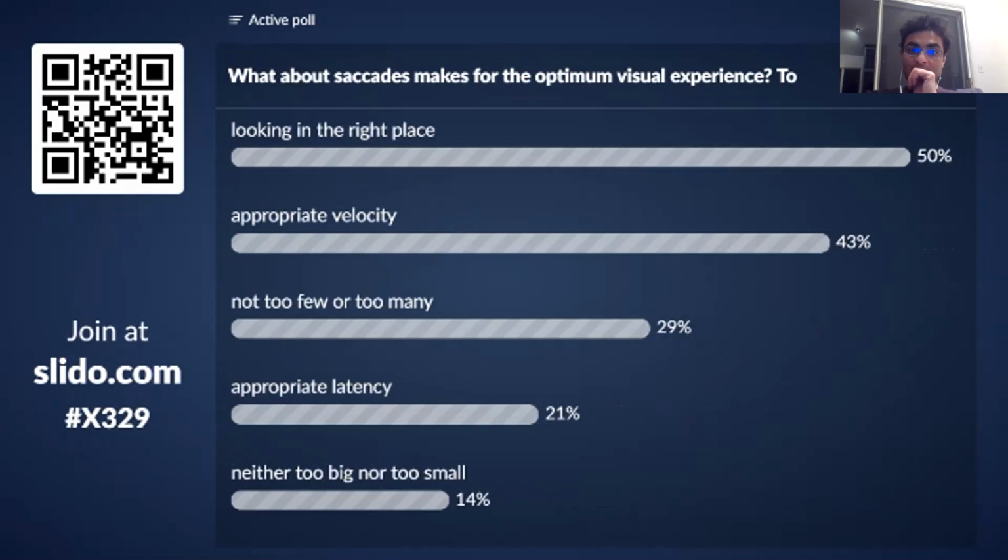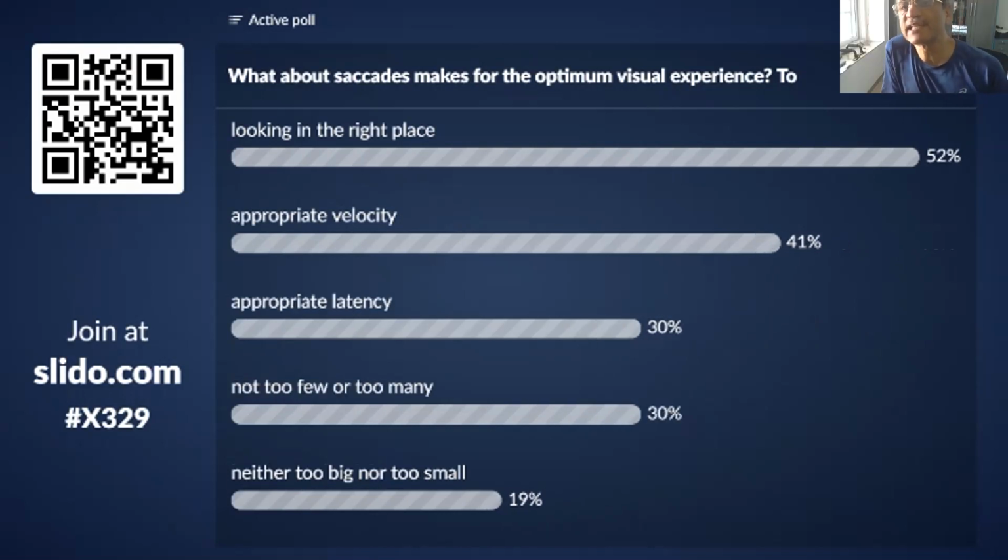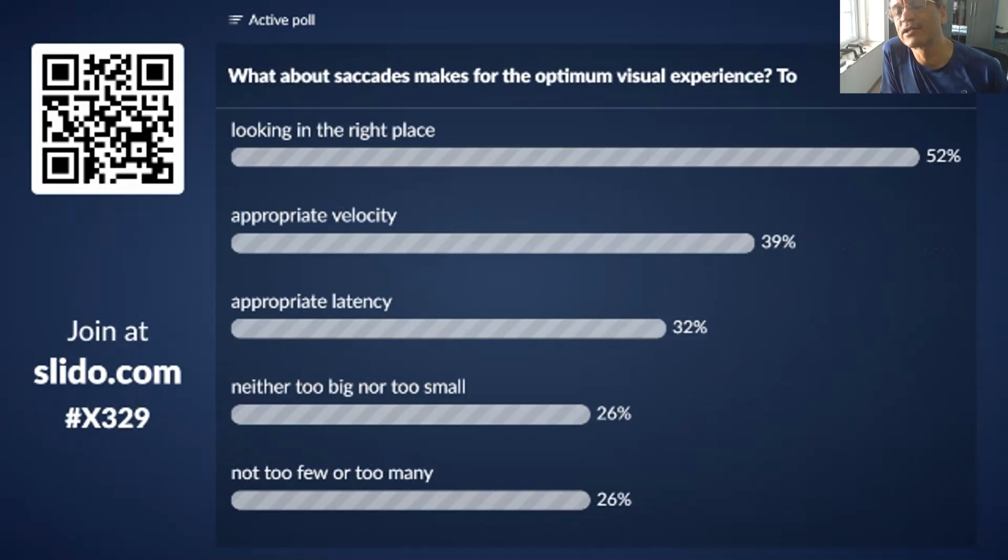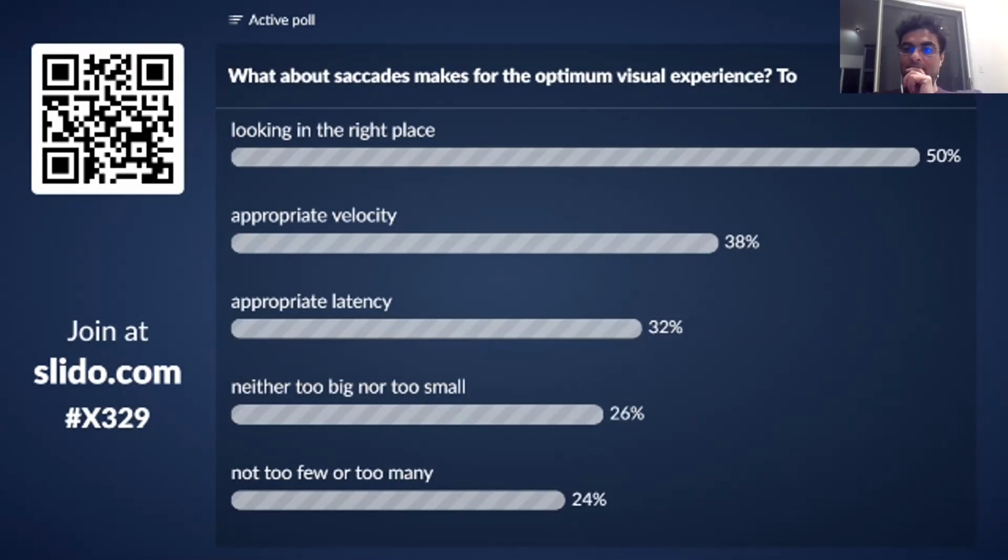So what about saccades? I'll give people time as they're still answering. You got 27 people answered. It's telling on top how many people have answered. Let everybody answer.